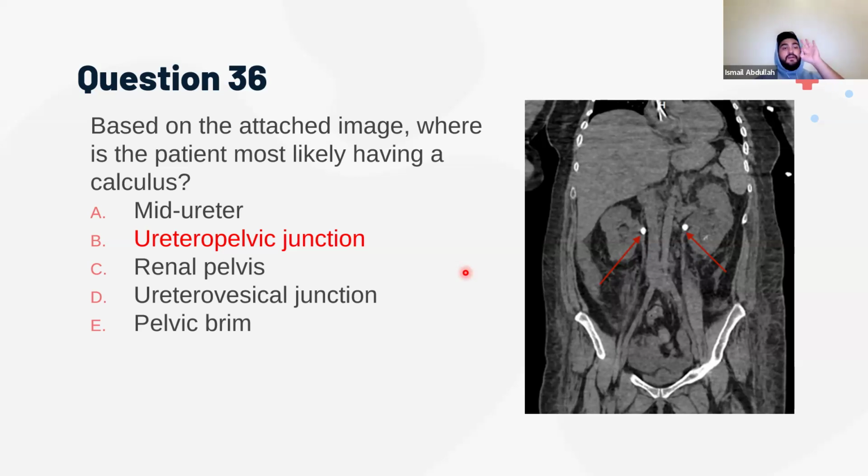So these places are the most common places where the calculus is going to get stuck. And given their location anatomically, the most correct answer would be the uretropelvic junction.